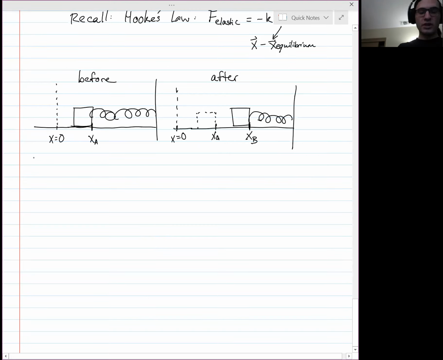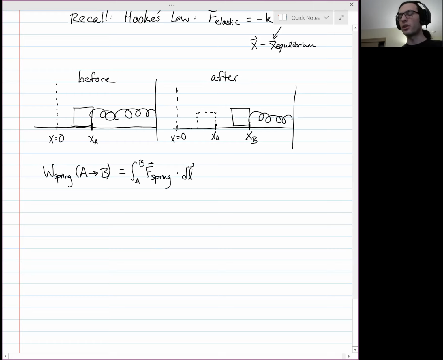so let's compute the work done by the spring. This is the work done by the elastic force from A to B. So that is the integral from A to B of F spring dot dl. Now, by the way, notice that I've indicated that I know nothing about the equilibrium.